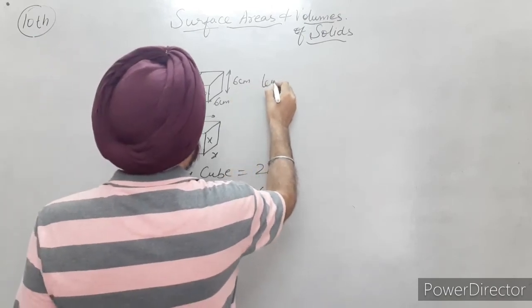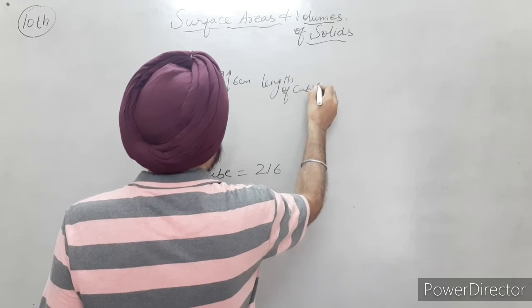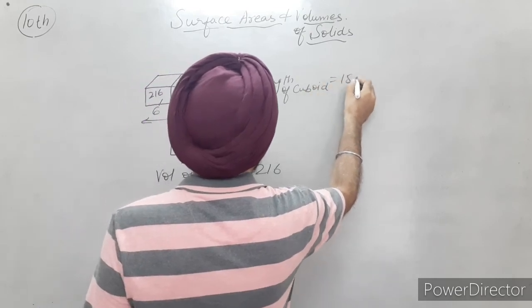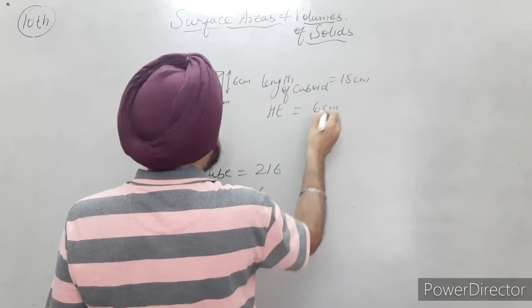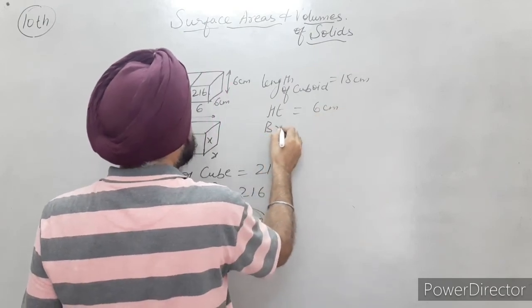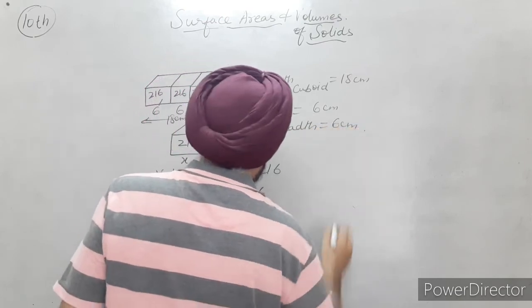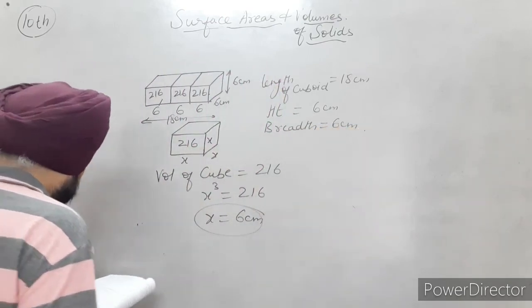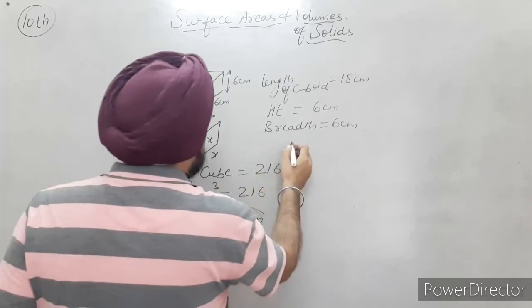The length of the cuboid is 18 centimeters. Its height is 6 centimeters, it does not change. Breadth does not change, it is again 6 centimeters. So I need to find the surface area of the resulting cuboid. It's very simple.